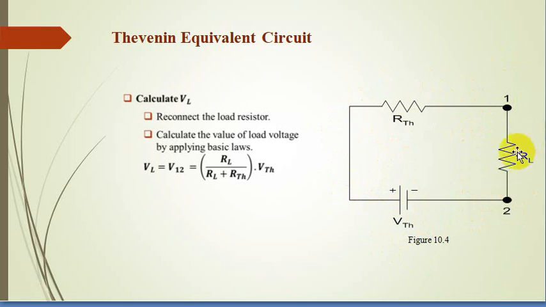So after reconnecting the load resistance, the R Thevenin is connected with the V Thevenin in series. Because the main target is to find out the voltage and the current across the load resistance, at the end we are supposed to connect the load resistance. So the target is to calculate the voltage and the current.